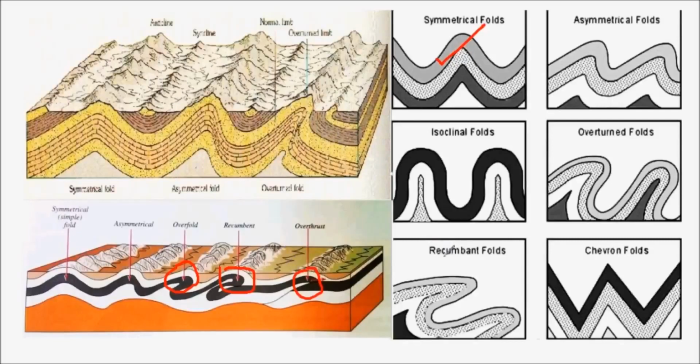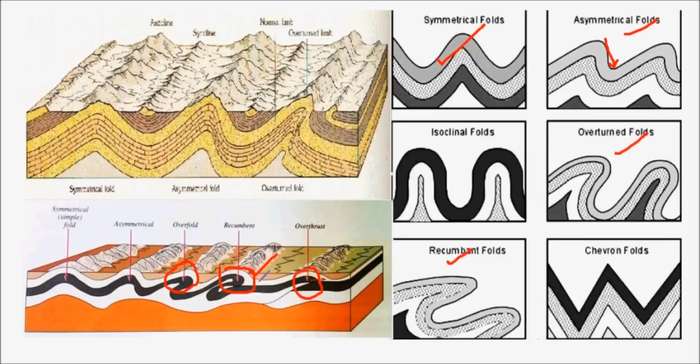We can see different folds, namely recumbent fold, overthrust fold, and asymmetric folds. Asymmetric folds are the ones where one side of the mountain has a very gentle slope, whereas the other side is very steep. And when rocks of this recumbent fold undergo breaking under various physical stresses, they fall apart and are carried away.